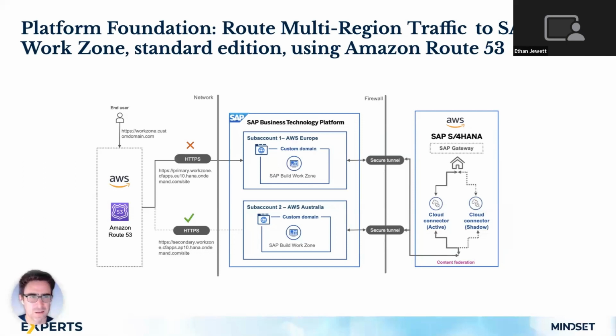BTP and AWS's Route 53 DNS service. It also provides an approach to getting better performance. So you have geo-aware routing of your users. So just as an example, you might have one work zone hosted on AWS Europe and one work zone hosted in AWS Australia.